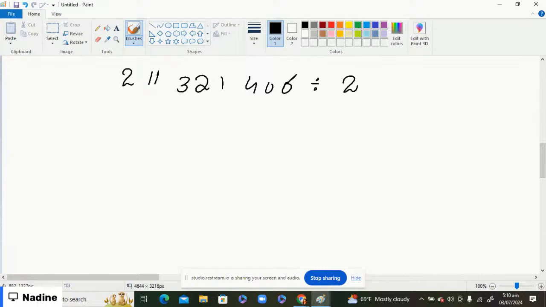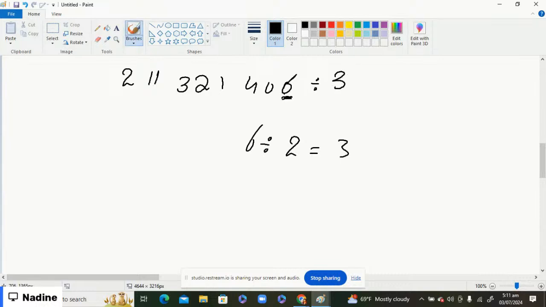Yes. Here is the possibility. This is divisible by 6. Why? Because 6 divided by 2, the answer is 3. So this should be divisible, we can say that. If there is a 3, this should also be divisible, because 6 divided by 3 is 2.